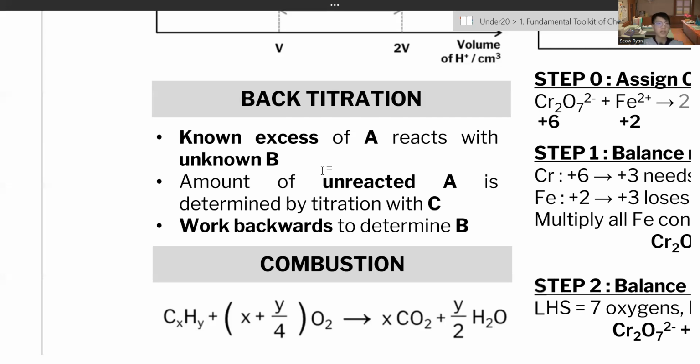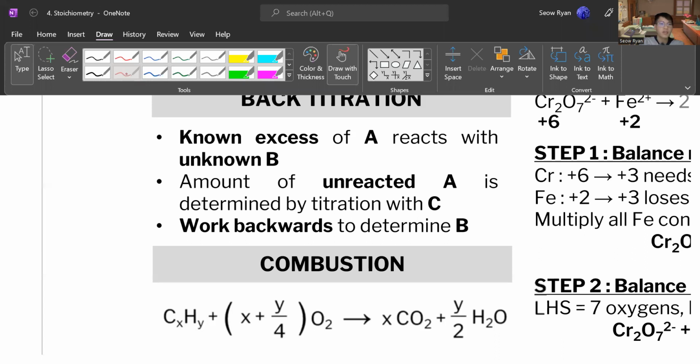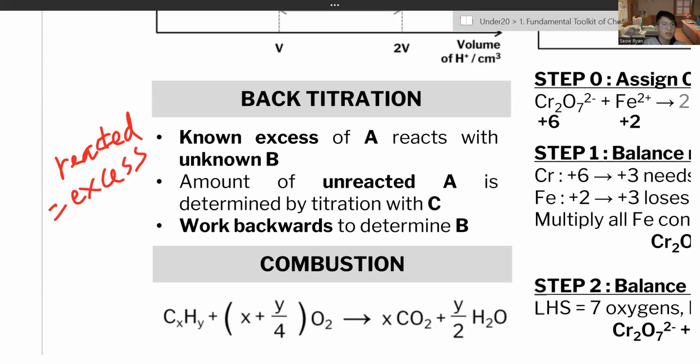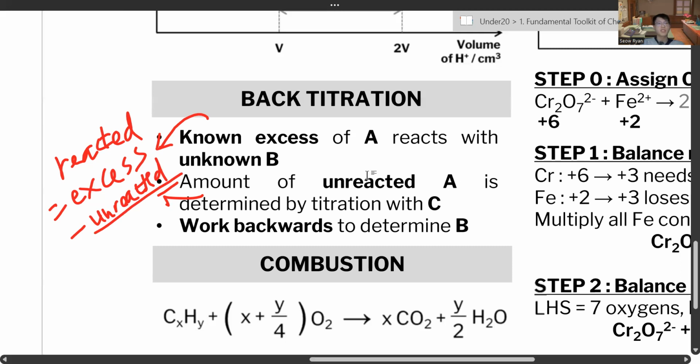Then you can use that unreacted acid to do titration, to figure out how much was reacted. The amount reacted would just be the excess that you added at the start minus the unreacted that you determined via titration. Then you can use mole ratios to work backwards to determine how much carbonate was present inside.